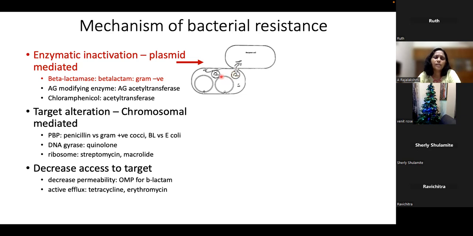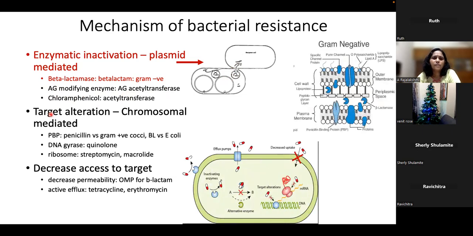So the resistance can be across the species also, from organism to organism, like Klebsiella to E. coli and so on. Another antibiotic with similar enzymatic inactivation is aminoglycoside, where the enzyme is different, aminoglycoside acetyltransferase.